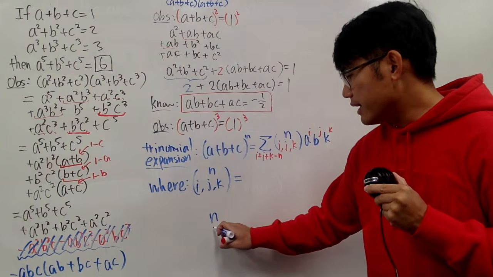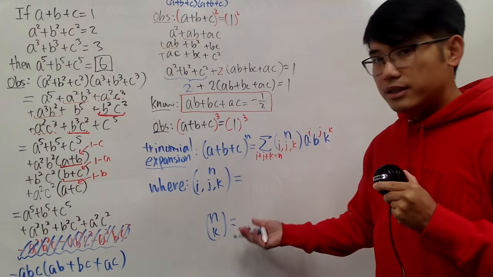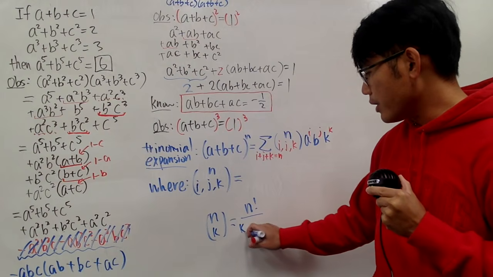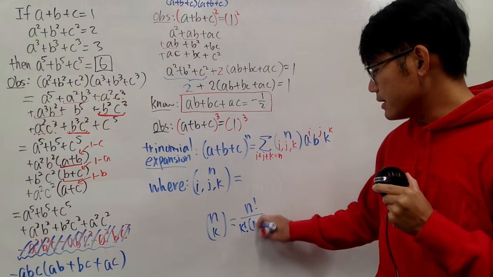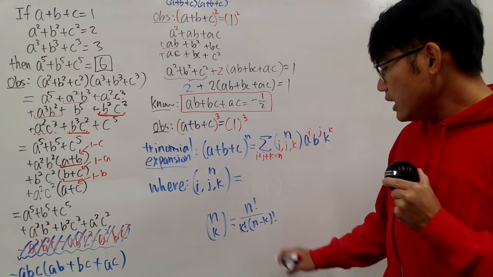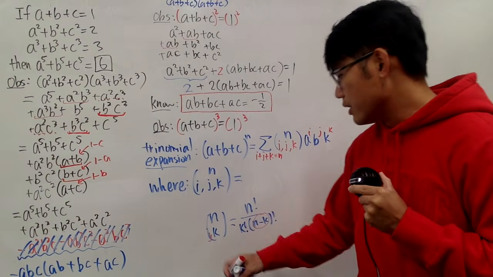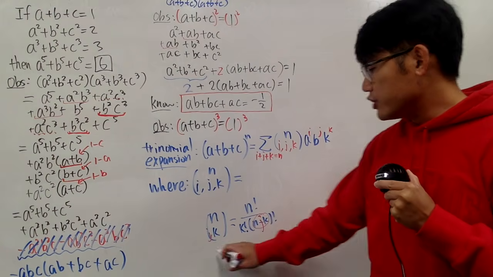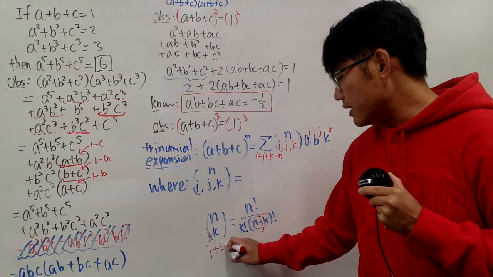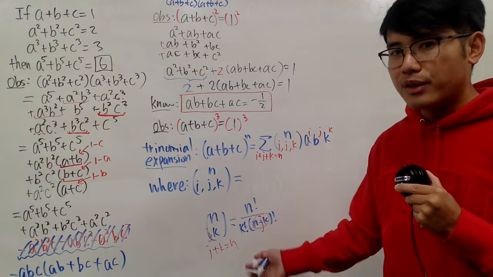If you look at n choose k, for example, the binomial coefficient is n factorial over k factorial times n minus k factorial. You can code this to be j, where j is the number so that j plus k is equal to n. Then it's just n factorial over j factorial times k factorial.